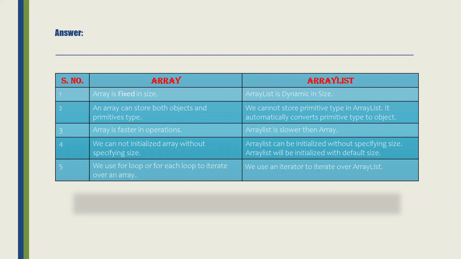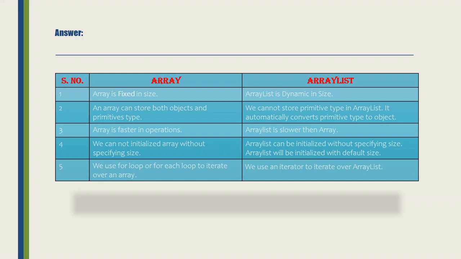So it will be initialized with the default size. And you can go much deeper into this topic. You can refer to some online content also, and you can write some code in your favorite IDE, so you will get familiar with the array and array list.